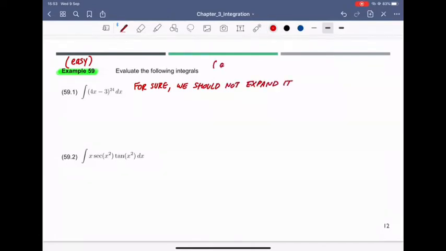Because if you expand it, you're going to get (4x minus 3) to the 24th power, so you're going to get 24 choose 0 times 4x to the 24th, and then negative 3 to the 0, and then 24 choose 1, 4x to the 23rd power, and then negative 3 to the 1, and then plus dot dot dot.